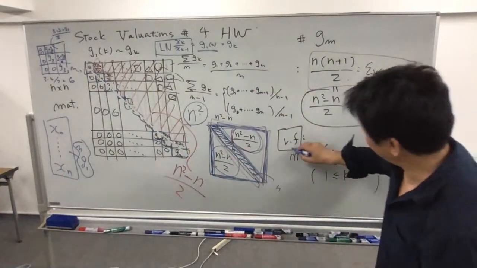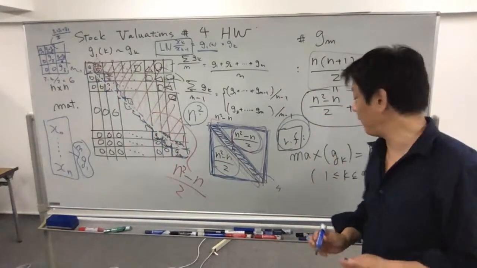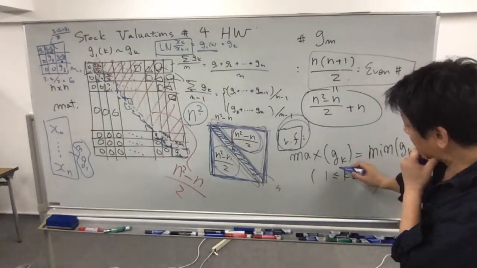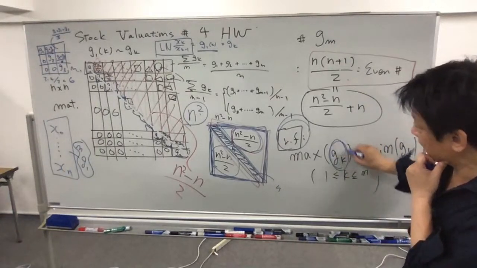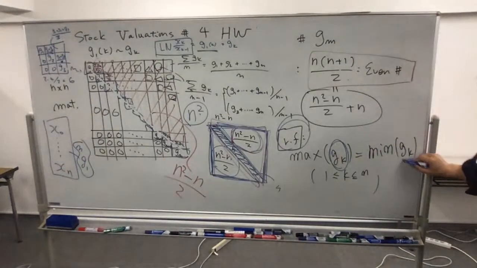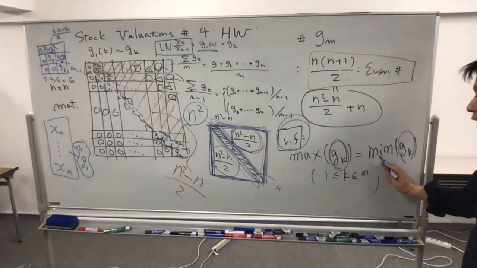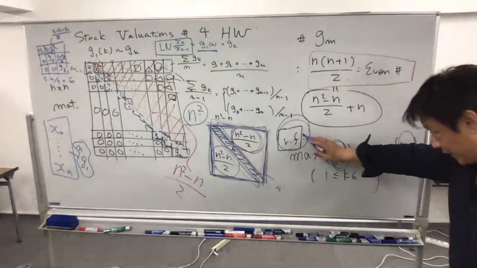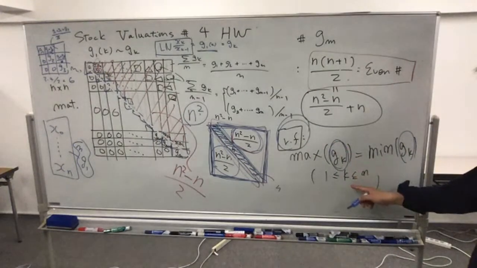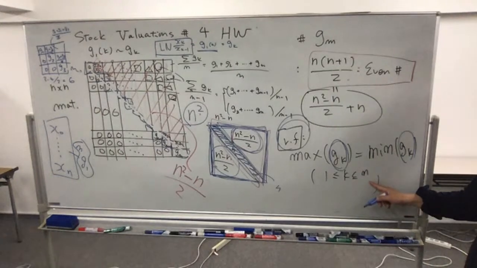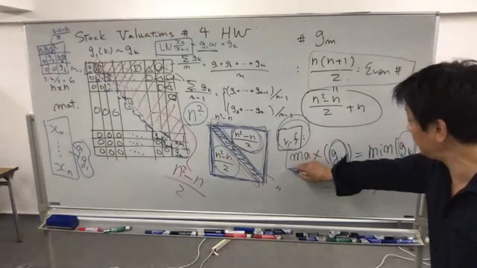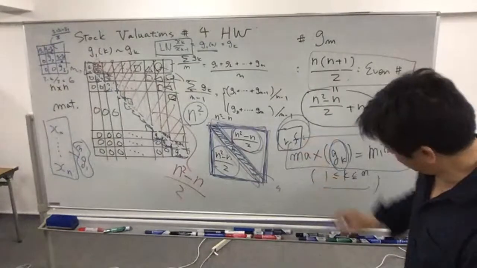I would define risk-free this way: the maximum value of Gk and the minimum value of Gk should be the same if the investment vehicle is risk-free, where k is greater than or equal to 1 and less than or equal to n.